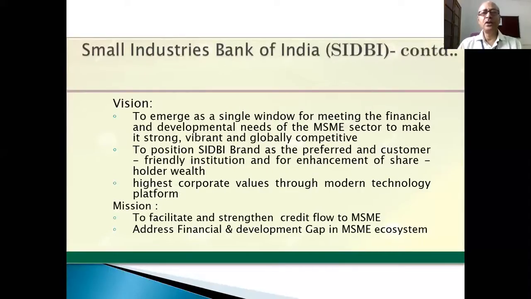The vision and mission of any institution tell you what it does, what its role is, how it functions, and what it is supposed to function as. One thing I also need to tell: there is a difference between other banking institutions or simple financing institutions and these development finance institutions.